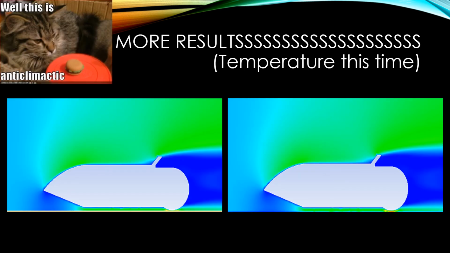This is the temperature results this time around though. So as I mentioned before, both of these tests were conducted at 5 meters per second. The one to the left is the cold and the one to the right is the hot. Now you wouldn't know any different if I just put them up here and I didn't tell you what they were.